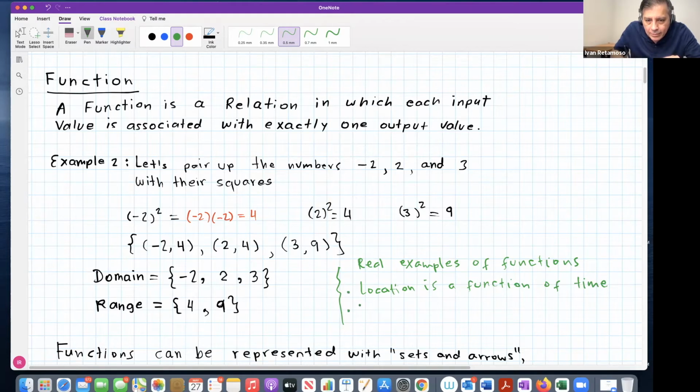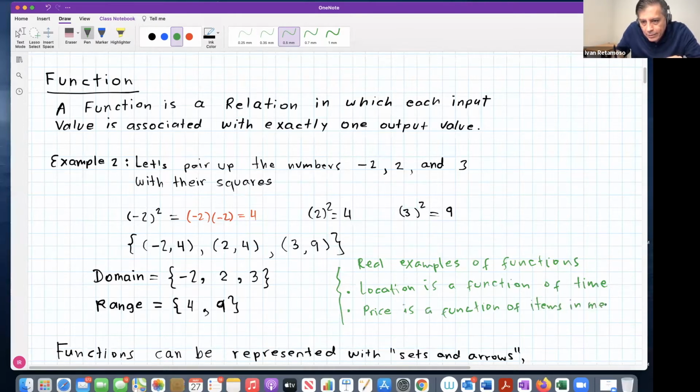Another example could be: price is a function of items in a menu.